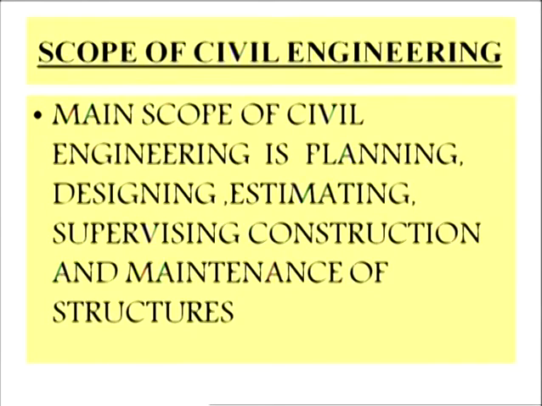One of the important tasks which a civil engineer has to perform is supervising the construction. During the supervision, the engineer has to give the different lines and levels. He has to guide the contractor. He has to guide the workers who are working on the field.